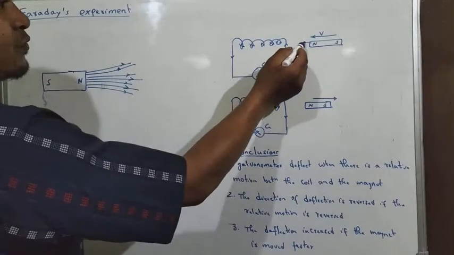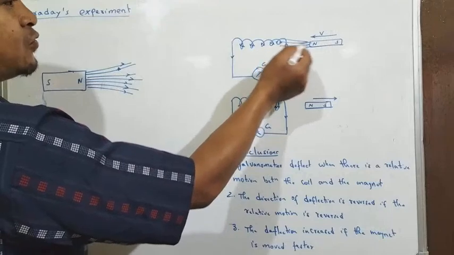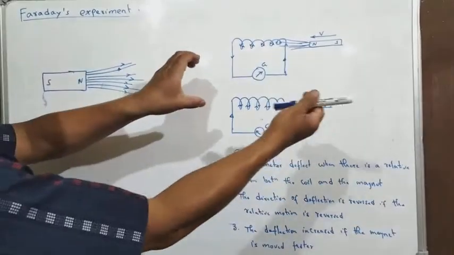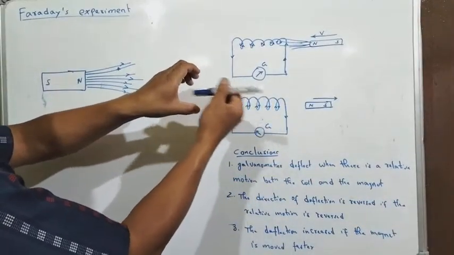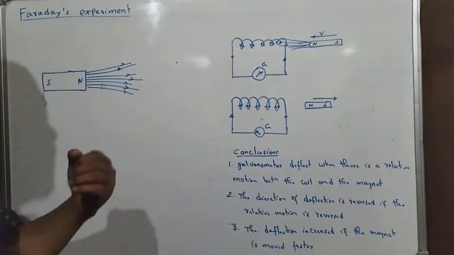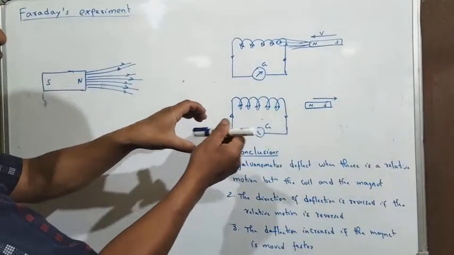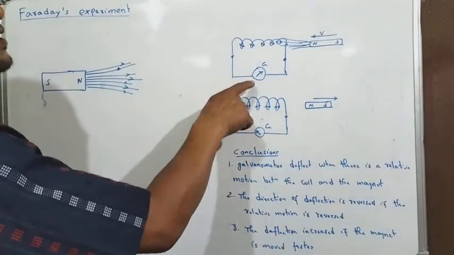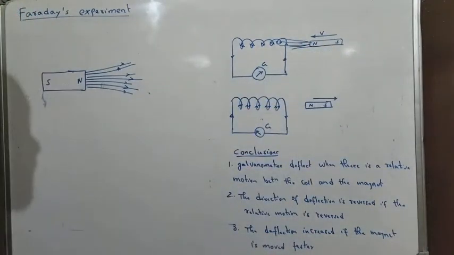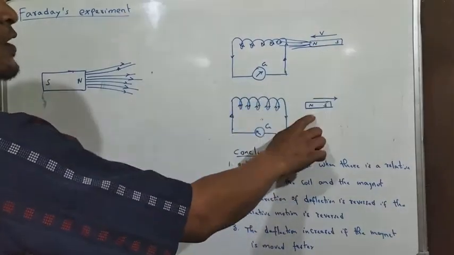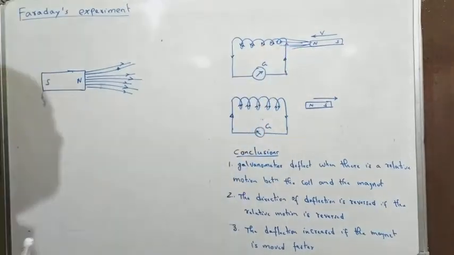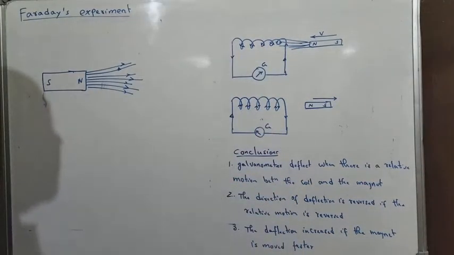When he moves the north pole of the magnet towards the coil, the magnetic field lines entering the coil start increasing. As they increase, there is a deflection in the galvanometer. But when he stops the motion of the magnet, the magnetic field lines become constant.